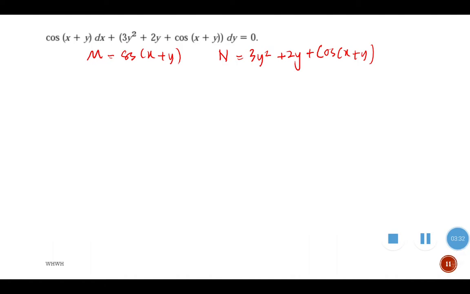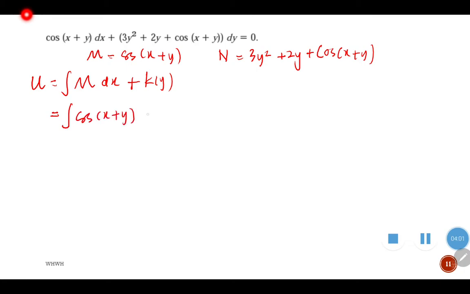Katakanlah kali ni kita guna dulu u equals integration of M dx plus k(y). So we decide to use the first formula. The first step is to put in M, so we have integration of cos(x + y) dx plus k(y).